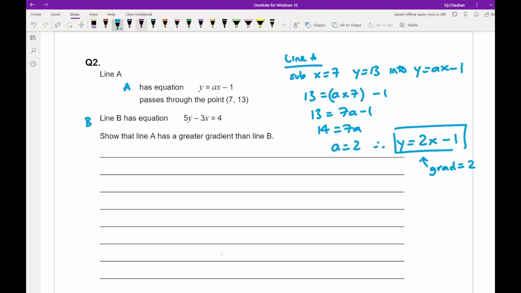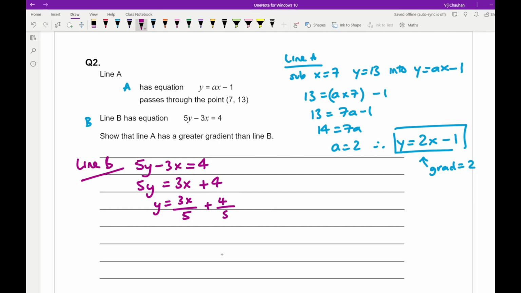Then moving on to line B, all I need to do here is a bit of rearranging to make y the subject so I can find out what the gradient is going to be. Now again, it's not essential for you to do that. If you can see it straight away, brilliant, fantastic. Just write down the gradient and compare the two. But I'm going to do a bit of rearranging. So here we've got 5y equals 3x plus 4, then divide by 5. So I've got y equals 3x over 5 plus 4 over 5.